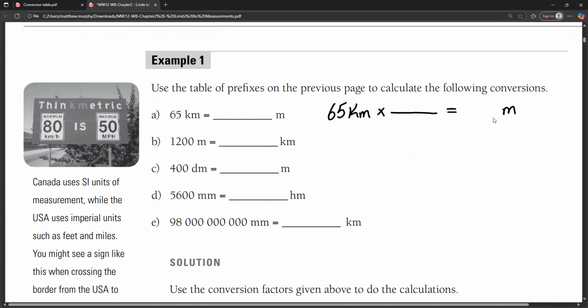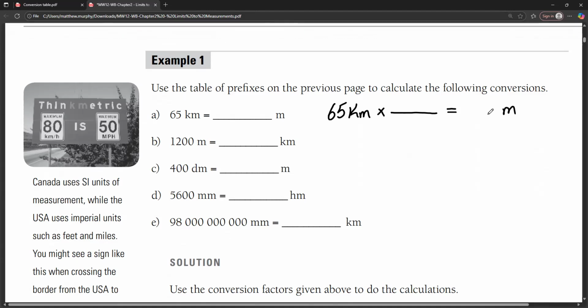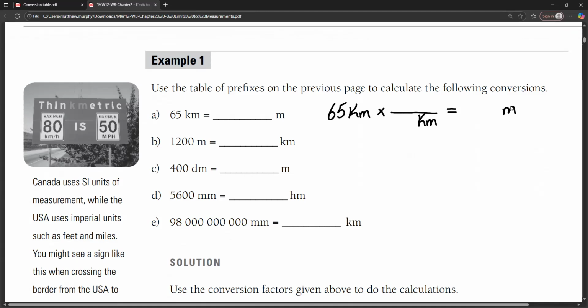Now what we're going to do is use the table from the previous page and multiply some numbers here, and then we should end up with meters as our answer. So what we need to have happen is we need the kilometers to cancel. So by putting kilometers on the bottom, it's going to cancel these kilometers here with 65. Meters is what we want in the end, so they end up on top.